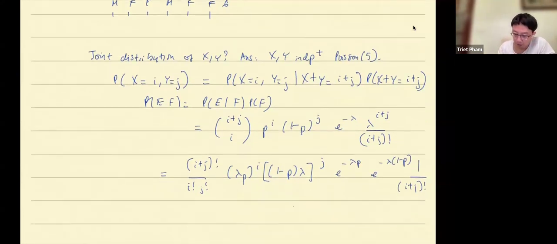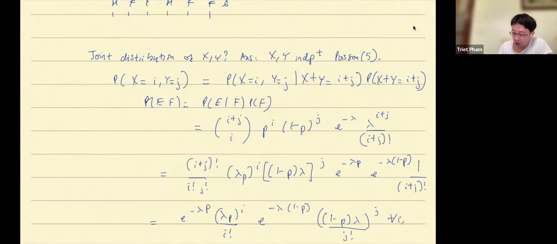Why? Because now this expression is a product of e to minus lambda P, lambda P to the I over I factorial, and e to minus lambda 1 minus P, lambda 1 minus P to the J over J factorial.